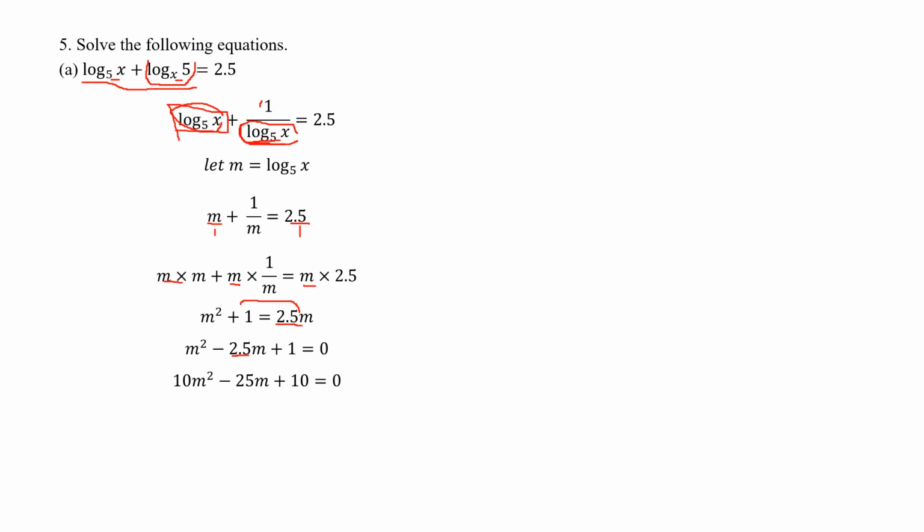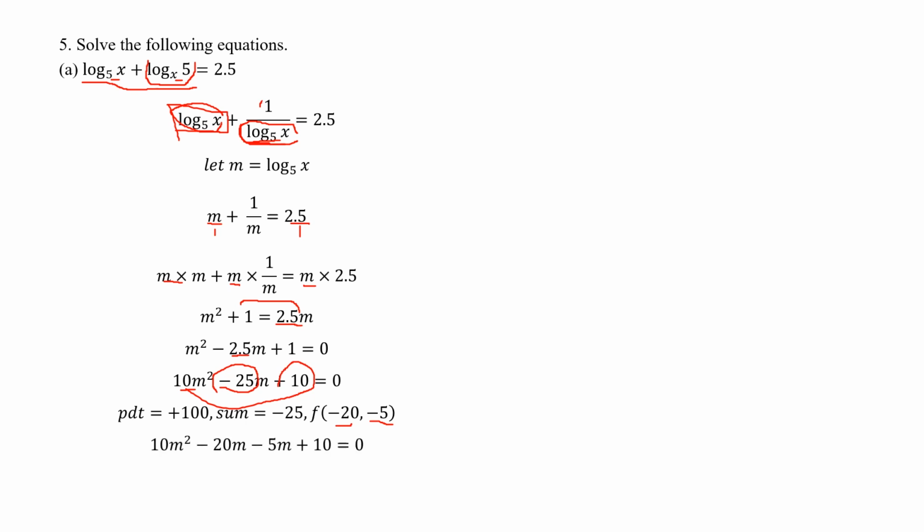Now I get my product and the sum so as to get the factors. So the product there is 100, this 10 here times that 10 there to have positive 100. Then the sum is that one there, the minus 25, and we get the factors as negative 20 and negative 5.